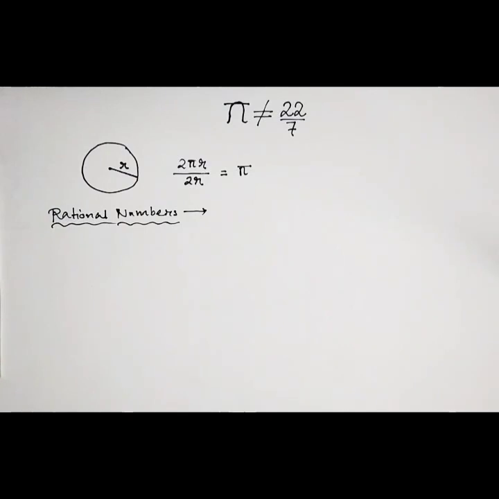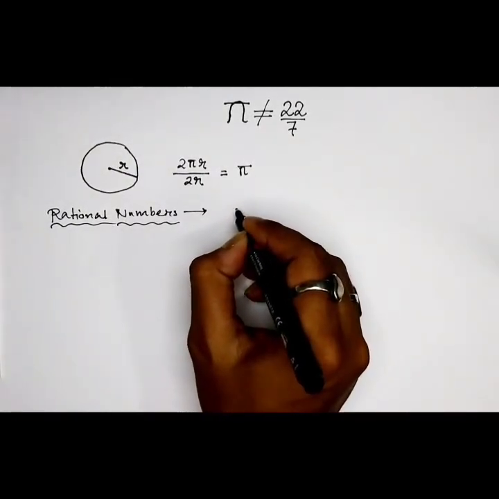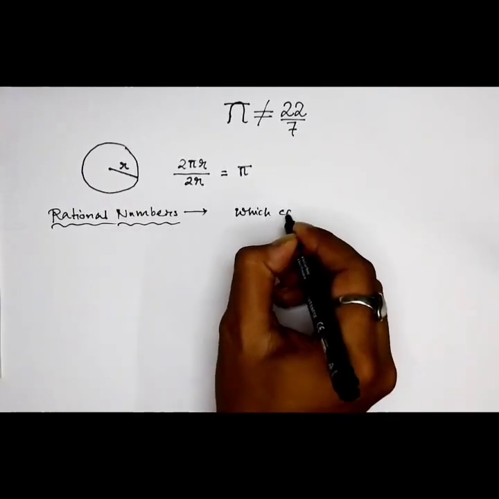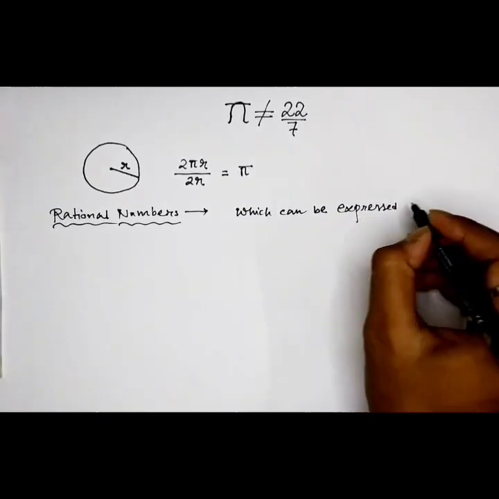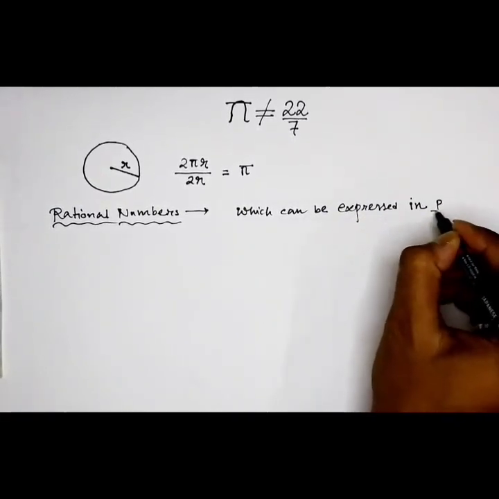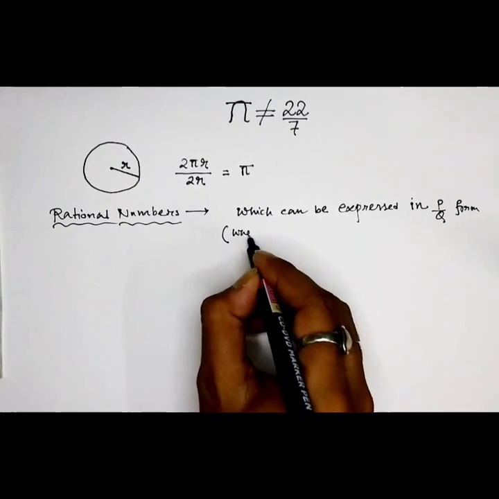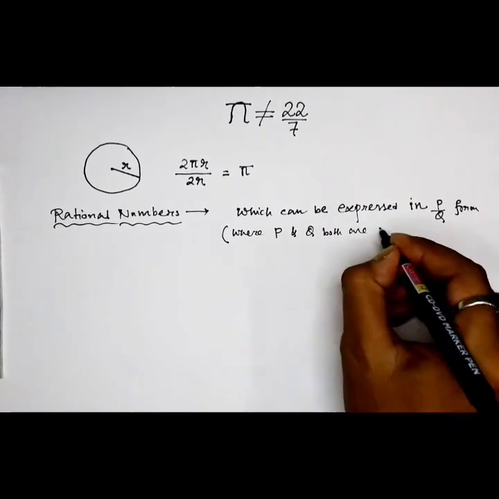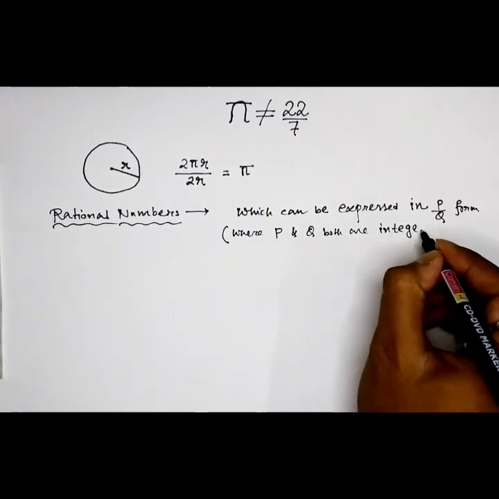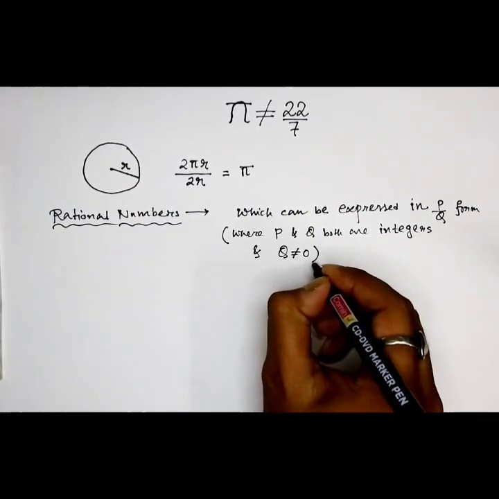In mathematics, a rational number is a number which can be expressed in P by Q form, where P and Q both are integers and Q is not equals to 0.